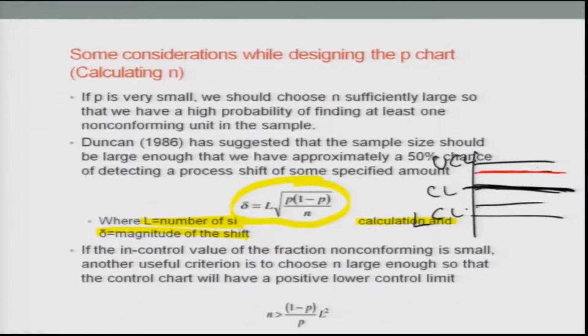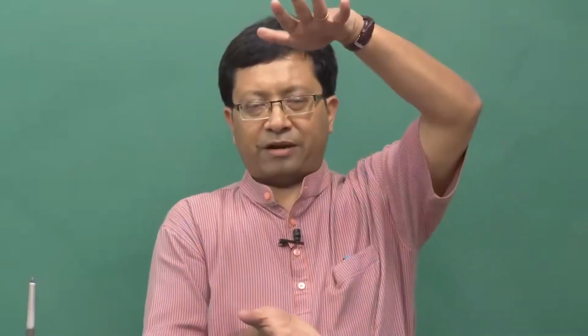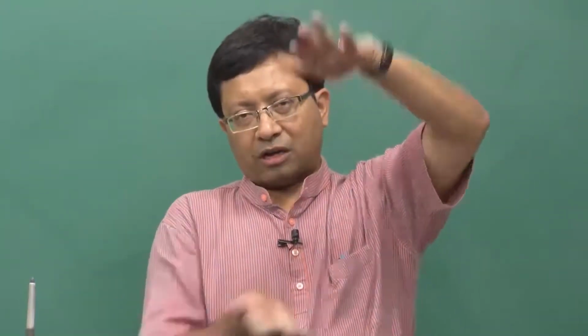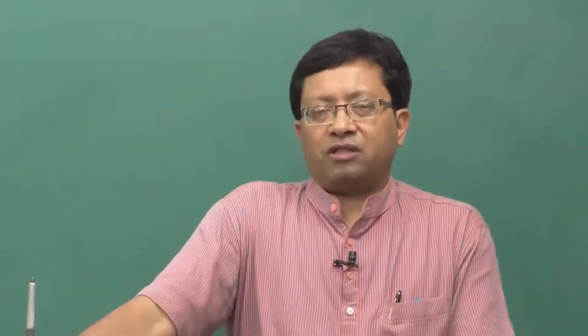So, this movement or this movement, whether moving positive or negative, positive means they are moving more away from the central line, and moving down means they are coming closer, would depend on the values of so called p and 1 minus p and the corresponding values of n, and based on that you can do the calculation.